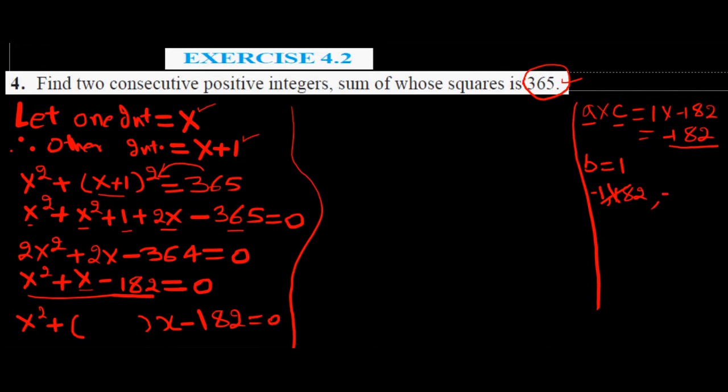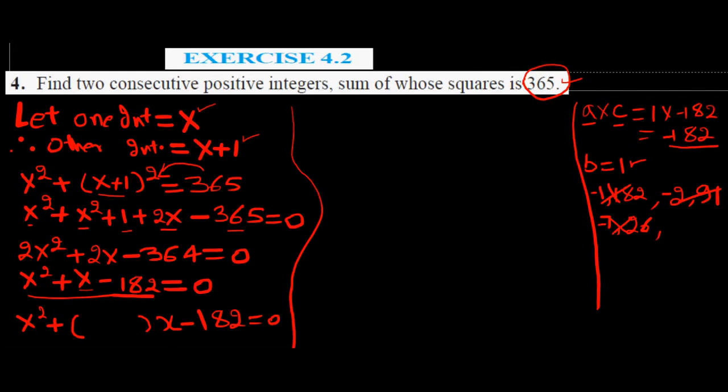The next pair can be minus 2 and 91. Again this pair will not be correct because its addition is not plus 1, so I am also rejecting it. The next pair can be 7 and 26. Of course it will be minus 7, so its addition will be plus 19, whereas I need plus 1, so I have to reject this pair also.